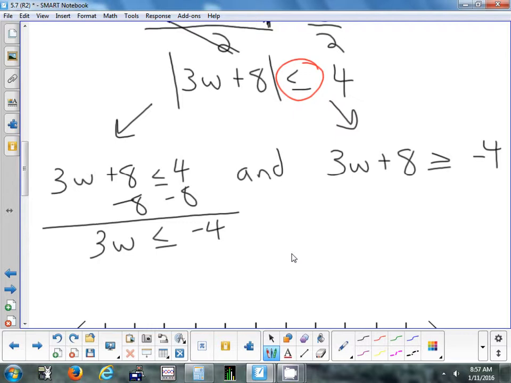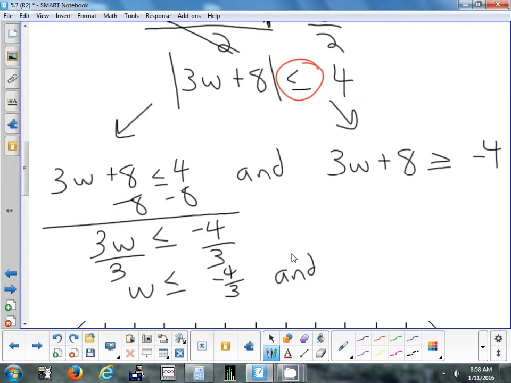Divide by 3. W. It's going to stay as negative 4 over 3. Remember, the negative's already here. I'm not dividing by a negative, so I don't need to flip my sign. When I actually divide by a negative number, that's when I flip it. I don't have to flip it. All right, so that's one side. Bring my and down.